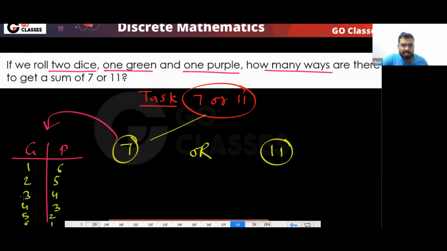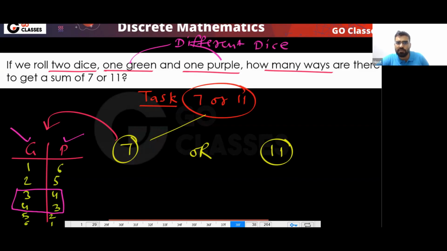Tell me one thing, interesting thing. Are these two different? Yes, because there is a green dice and there is a purple dice. So you have different dice.